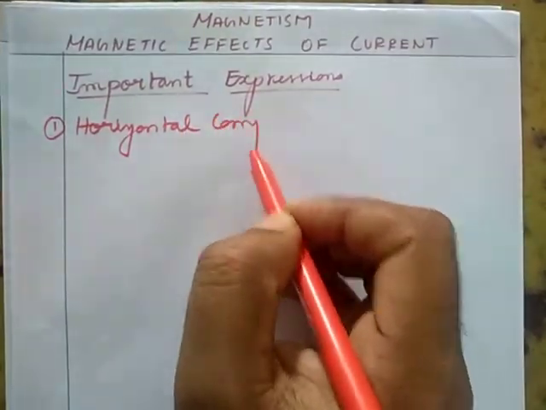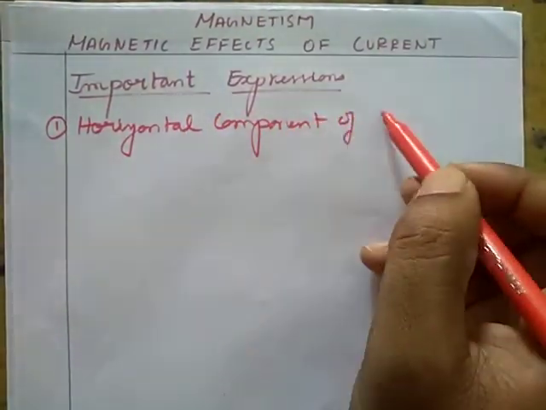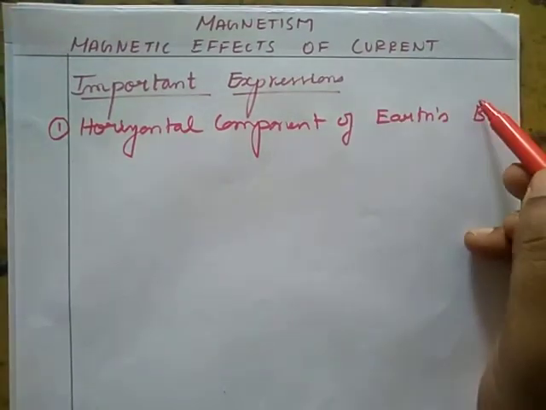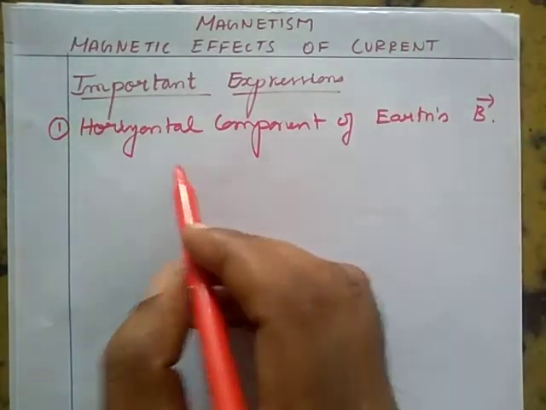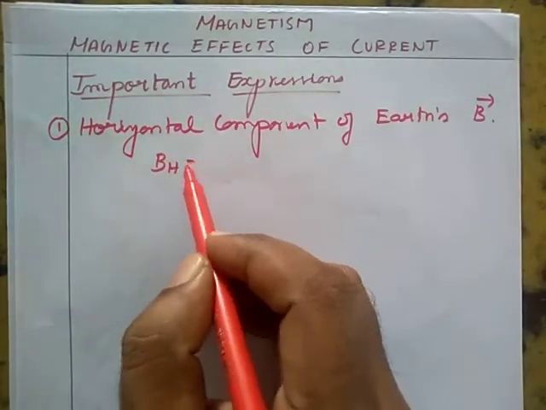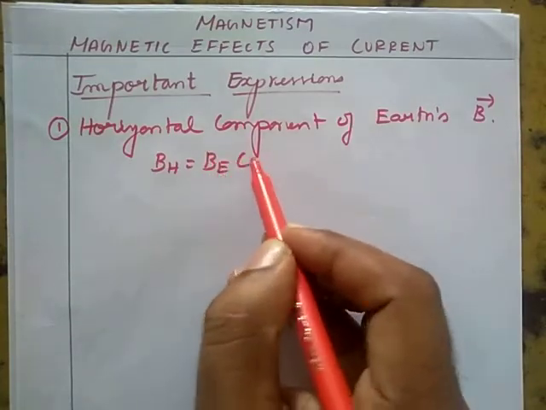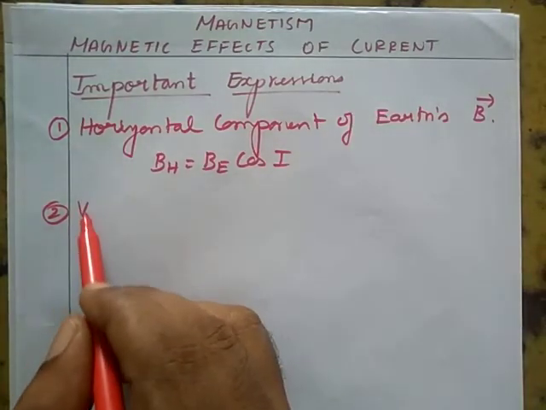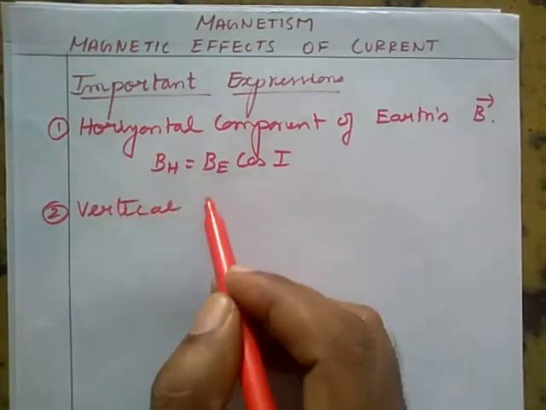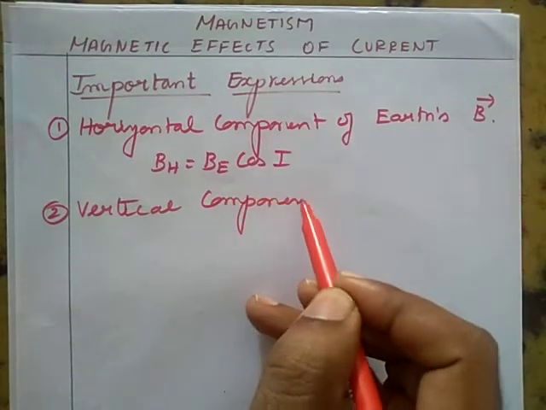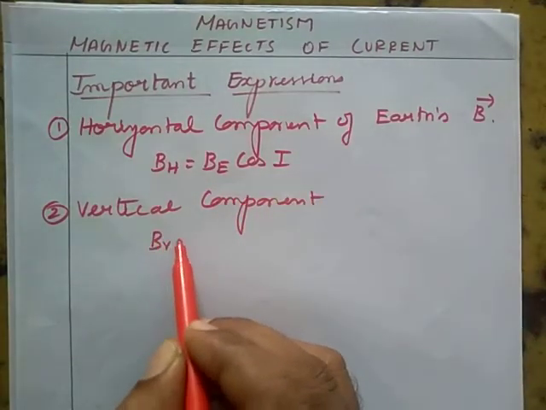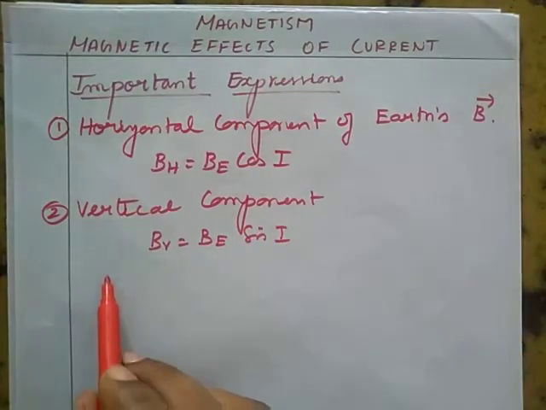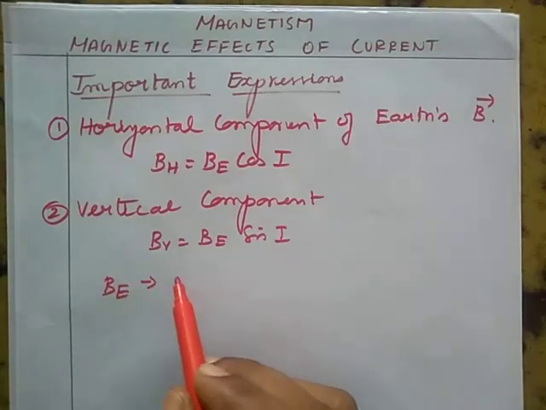That is denoted by the expression BH is equal to BE cos I. Then the vertical component of earth's magnetic field, that is BV is equal to BE sin I. Here BE is the earth's total magnetic field.